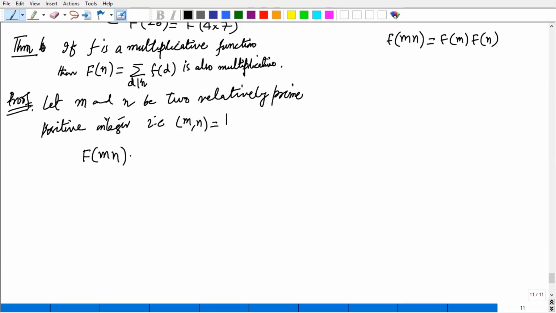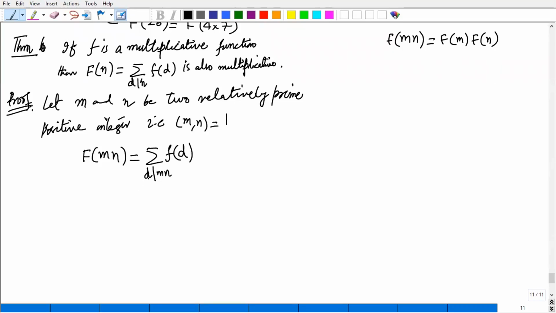So for this case, we need to find F(mn) first. We apply the definition here, which is the sum over the divisors of mn of f(d), where d is a divisor of mn. Now we know that the GCD of m and n is 1, so they are relatively prime.